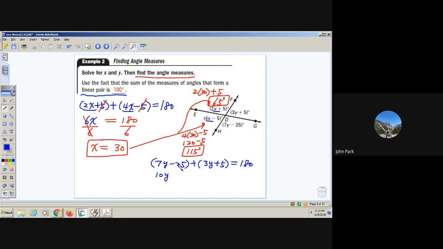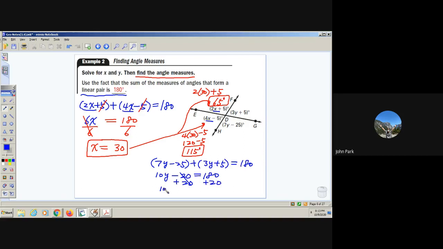And then negative 25 and positive 5. You subtract 25 minus 5, which is 20, but since you have more negative numbers, it's negative 20. So you add 20 to cancel that out, and add 20 to the other side.